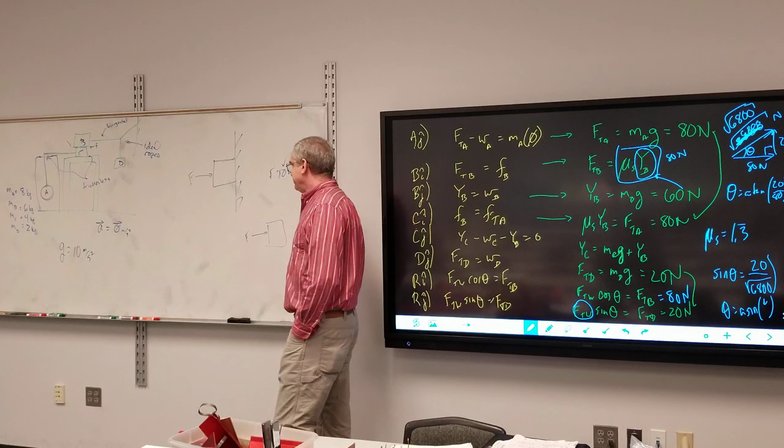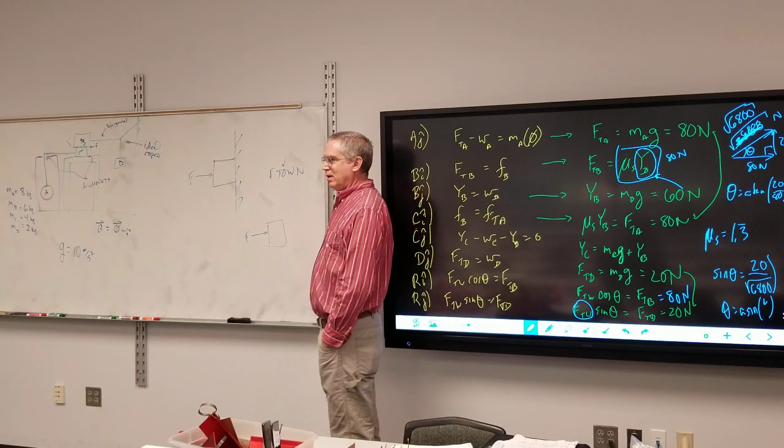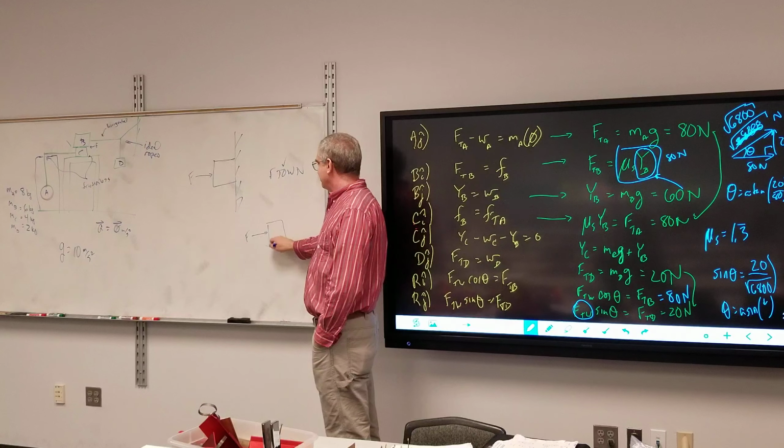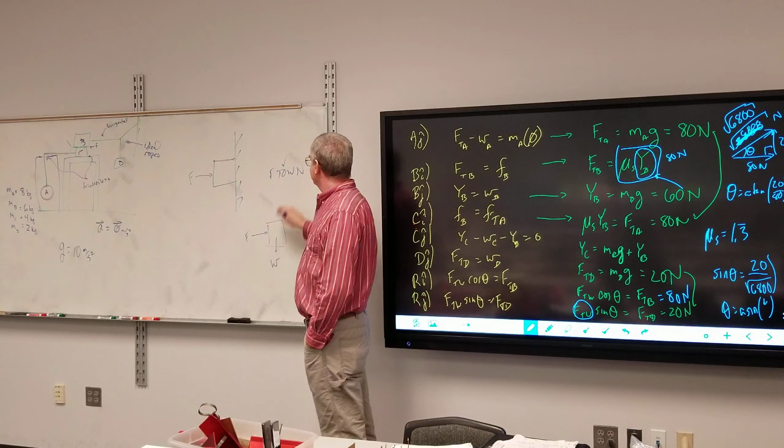You have weight going down. Is there friction? Well, I have to have other forces at least, because if I'm done with my force diagram, that thing's accelerating down.